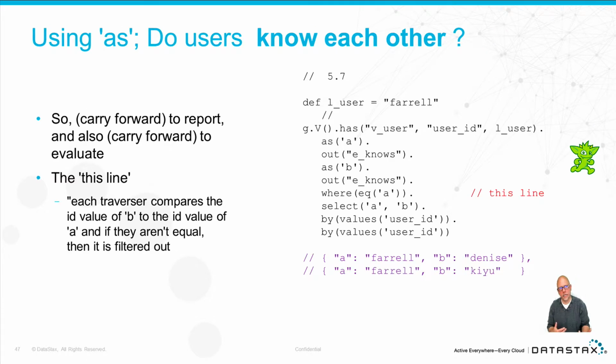So applying the as back to our actual use case of do users know each other. We saw earlier that Farrell could know people. People could know Farrell. There were people who knew Farrell who Farrell didn't know. But if I want to report only the situation where people definitely know each other, I have to look at both sides of that relationship.